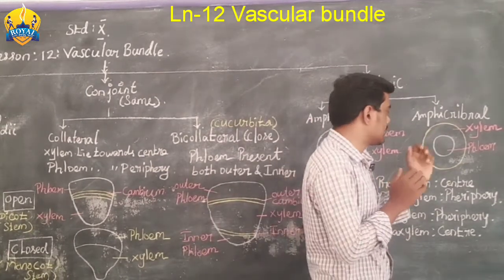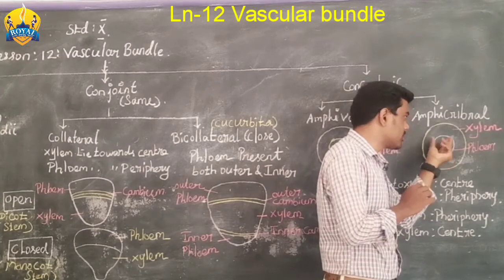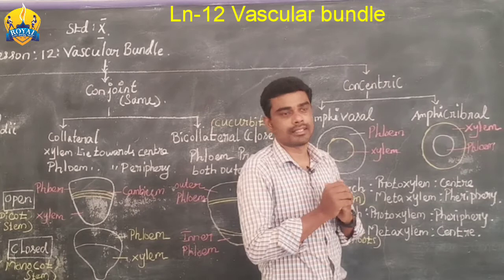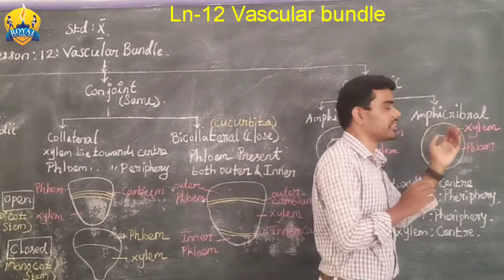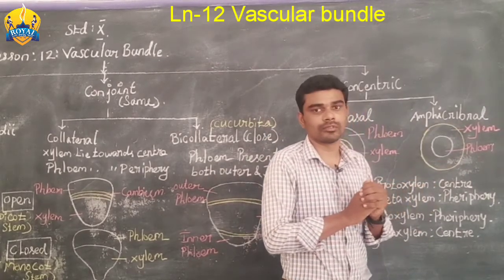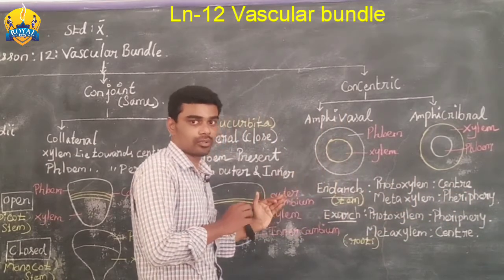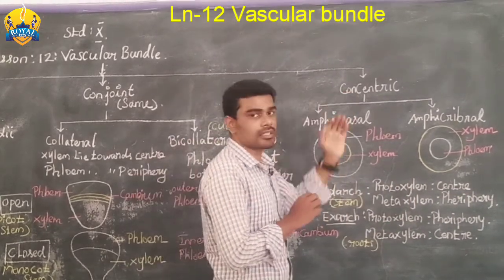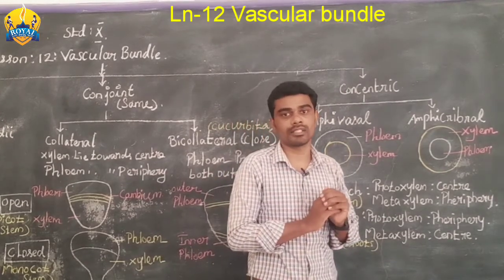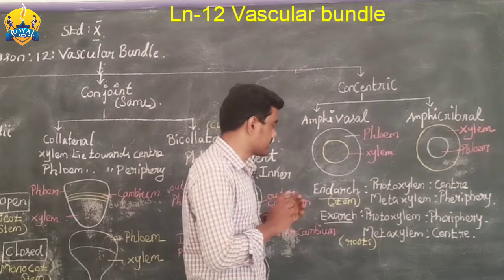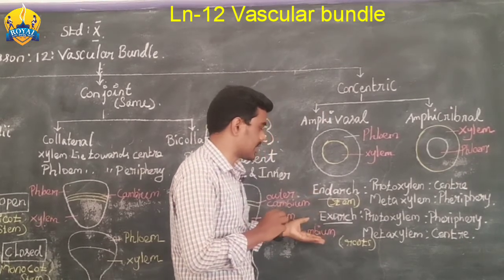The phloem is surrounded by the xylem. That is called amphicribral. In this way xylem and phloem are alternatively surrounded together. That is known as the concentric vascular bundles.